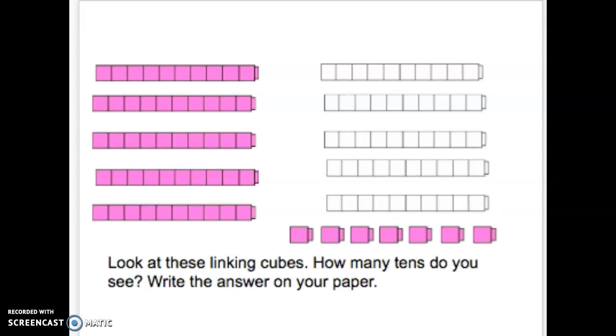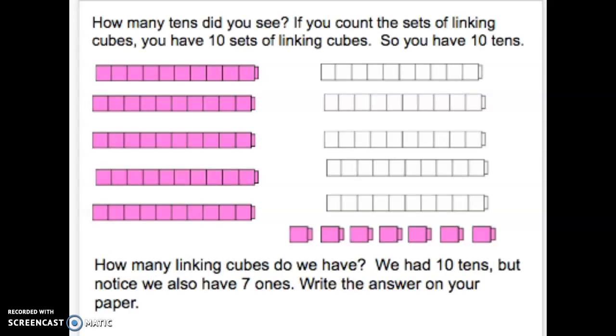Look at these Lincoln cubes. How many tens do you see? Write the answer on your paper. How many tens did you see? If you count the sets of Lincoln cubes, you have 10 sets of Lincoln cubes. 1, 2, 3, 4, 5, 6, 7, 8, 9, 10.